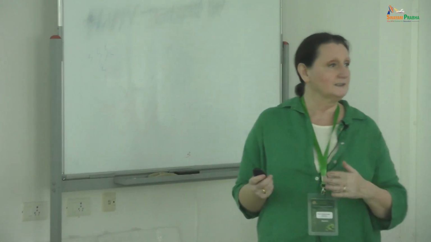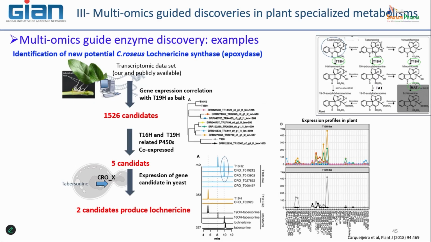So we studied particularly these 2 candidates, and in this case, we found that both of the enzymes encoded by these 2 candidates are able to perform this step of the metabolic pathway, so make the epoxidation of tabersonine. So it means that in the genome of Catharanthus roseus, at least there are these 2 genes that could produce the enzymes responsible for this specific step of the pathway.